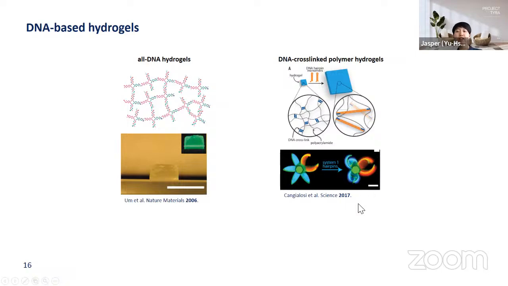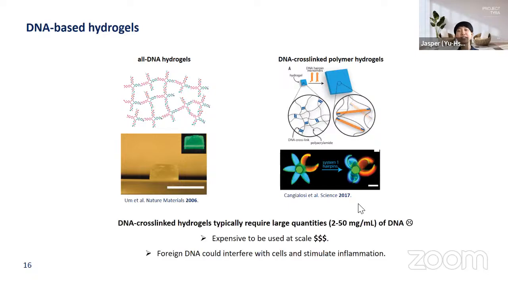But surprisingly, there are very few studies that have used DNA hydrogels as 3D cell culture matrices. Even if they do the cell culture, they only show very poor data, basically. And the main reason is that most of the previously reported systems require a large quantity of DNA.